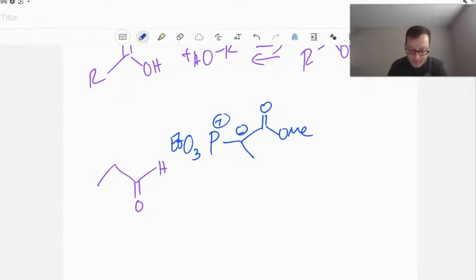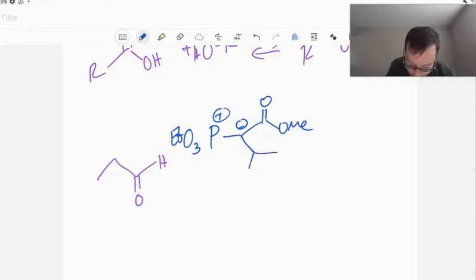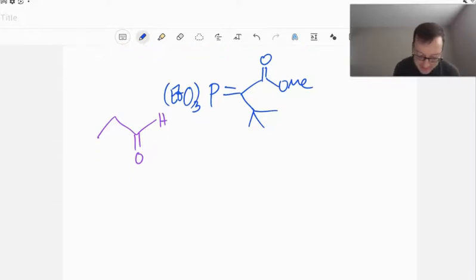So this I could draw as a double bond, right? That is the double bond to phosphorus. There, does that make it better? So, yes. So what happens here?